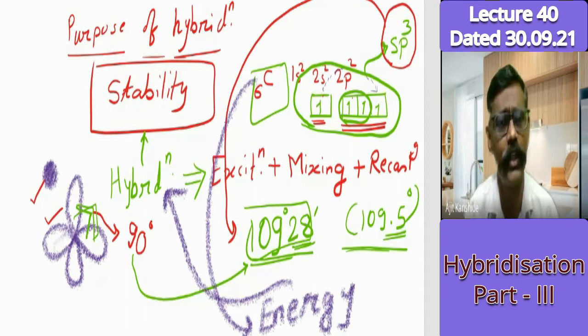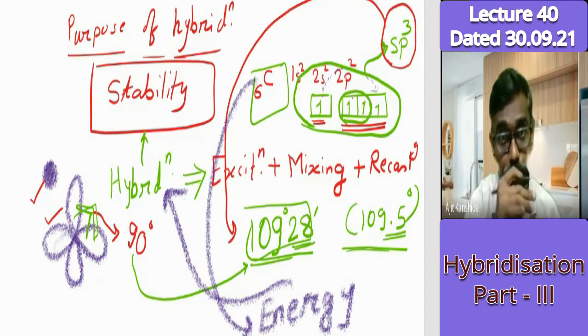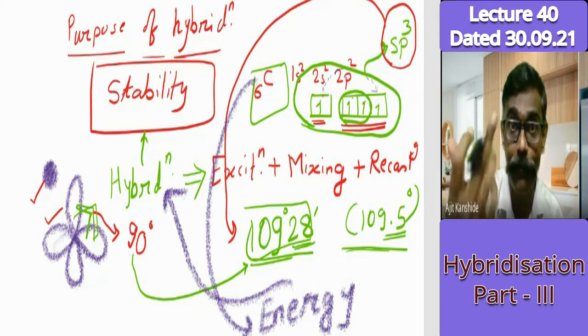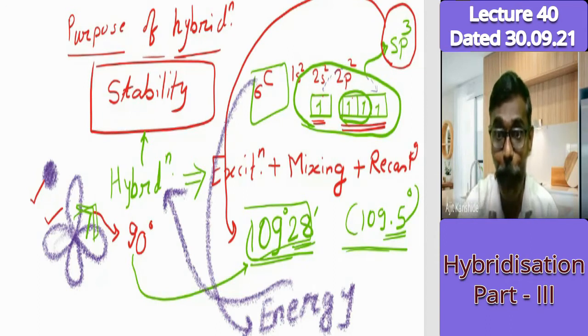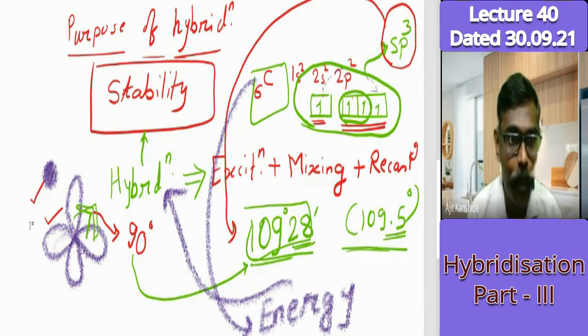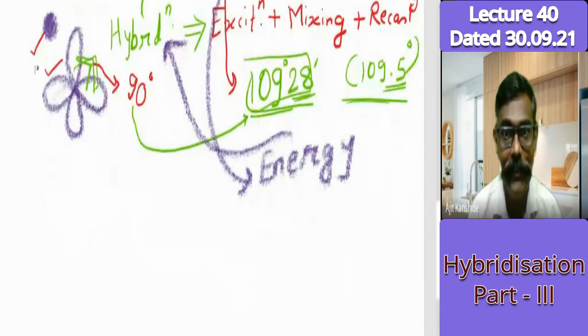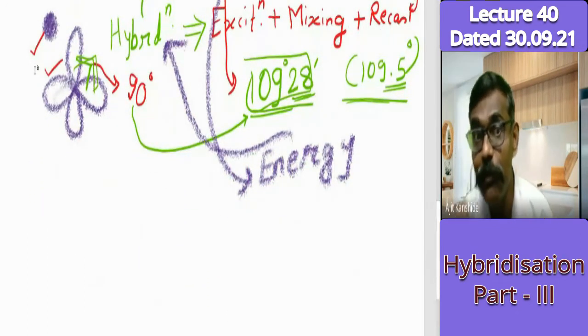After hybridization, the surrounding atoms are welcome. Surrounding atoms form the bond, and when bond formation takes place, now I want your help. When bond formation takes place, will energy come out or will energy be needed?